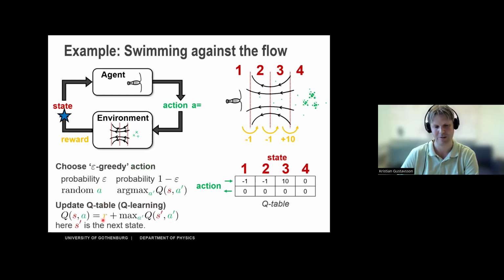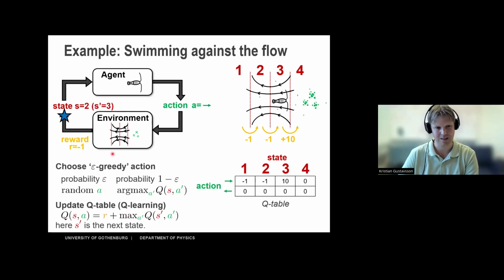Instead of just giving the reward, we give the reward plus what we expect the reward to be in the next state. So we take the current reward and then we add what we expect the reward to be in the future from the next state that we know.